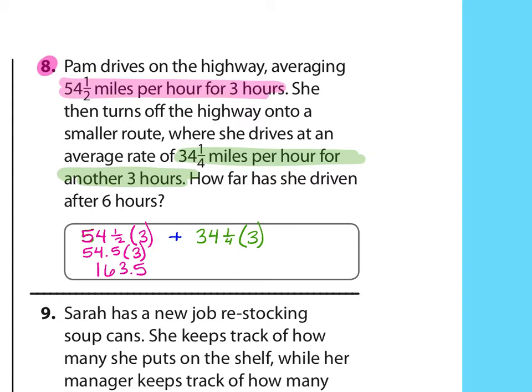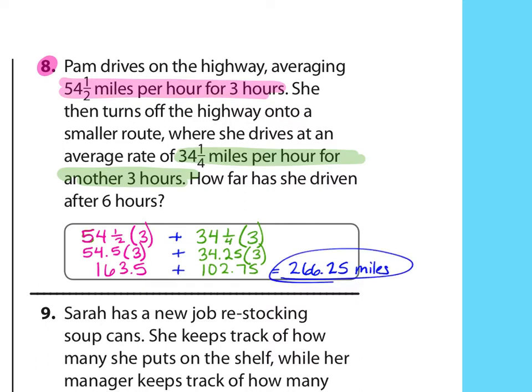And then 34.25 could be changed to the decimal 34.25 times 3. It comes out to 102.75. Then we just add them. We get 266.25 miles. That's how much she's driven in those total 6 hours.